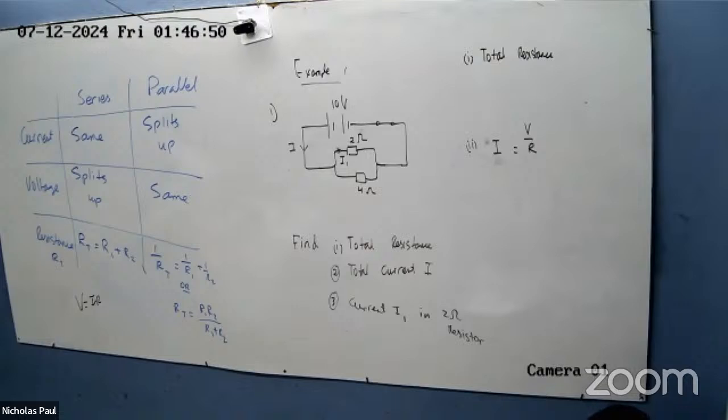Finish it. Last one. In total, once you have total voltage and total resistance, you can find total current. But part three is a little different.